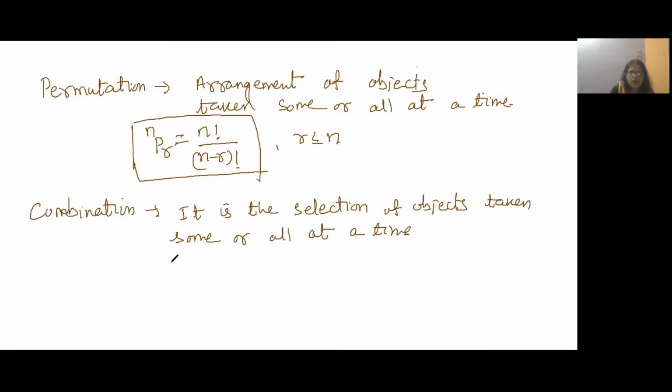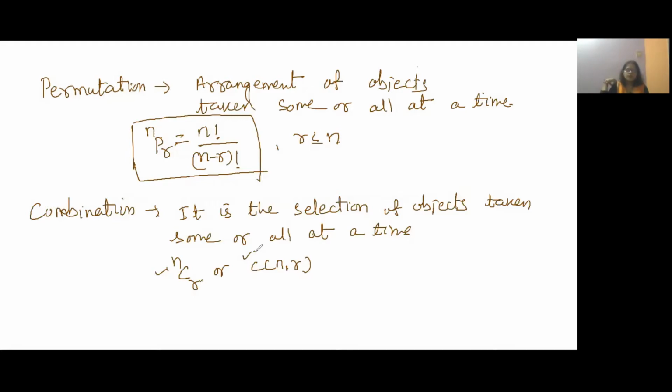And we denote combination of n objects taken r at a time by nCr, or sometimes in some books you may find it written like this also. Both the notations are fine. Either you write like this or you write like this.